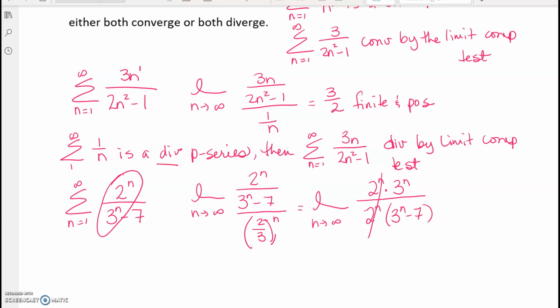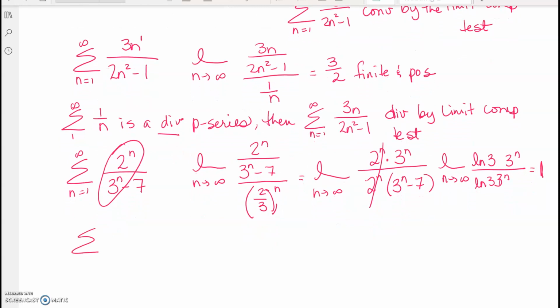And when you take a limit as n goes to infinity, technically that's infinity over infinity. So we would L'Hopital. And it's a nice refresher. The derivative is ln 3 times 3 to the n over ln 3 times 3 to the n. And then the minus 7 goes to 0. And our limit is 1, which is finite and positive.